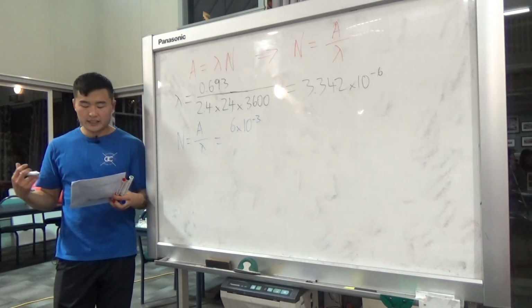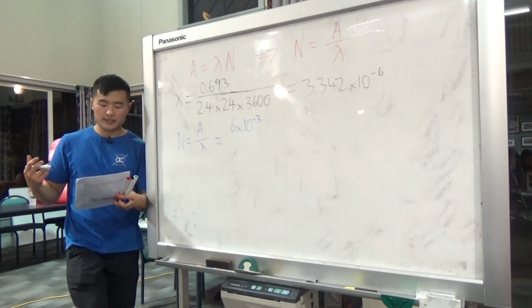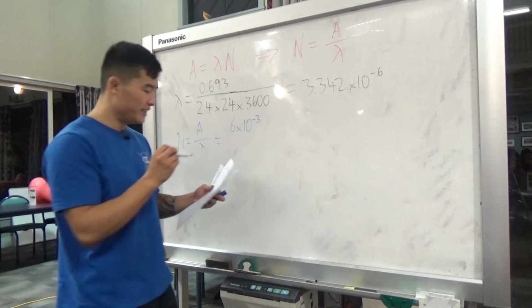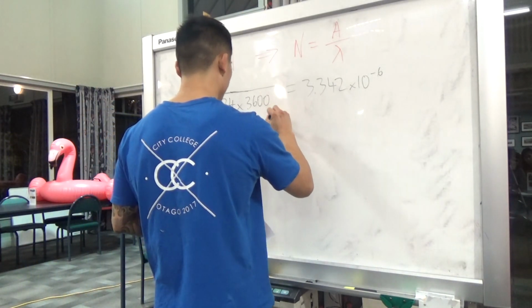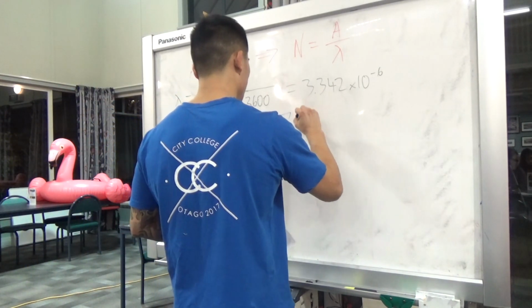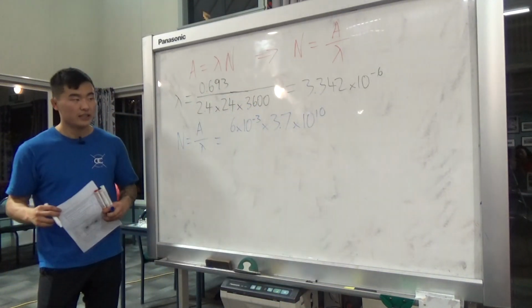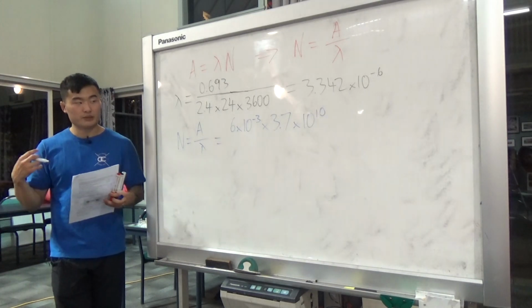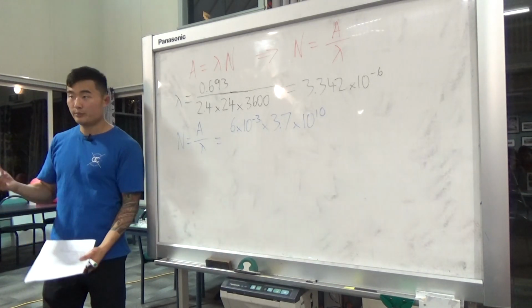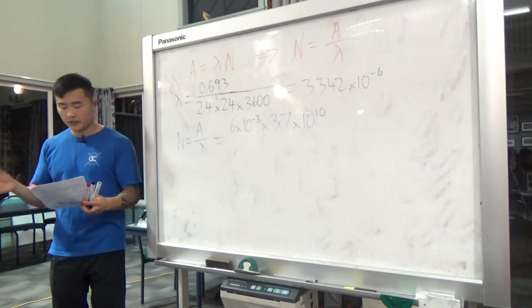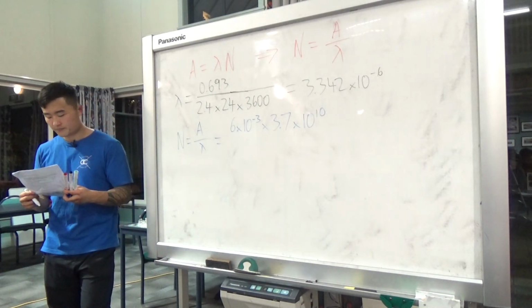And we have to turn that into becquerels as well. Becquerels is the correct unit for activity. So that's going to be 6 times 10 to the negative 3 times 3.7 times 10 to the 10. To turn curies into becquerels, you multiply by 3.7 times 10 to the 10. You should have that conversion on your cheat sheet as well.